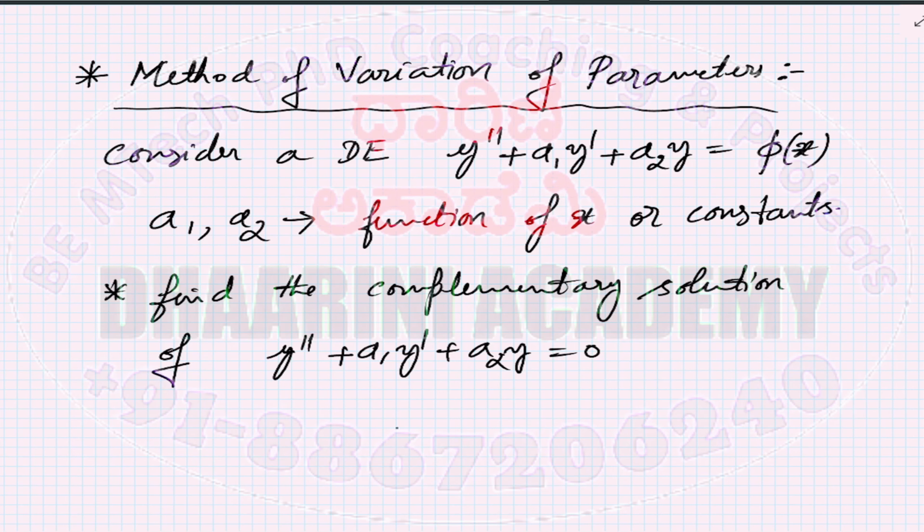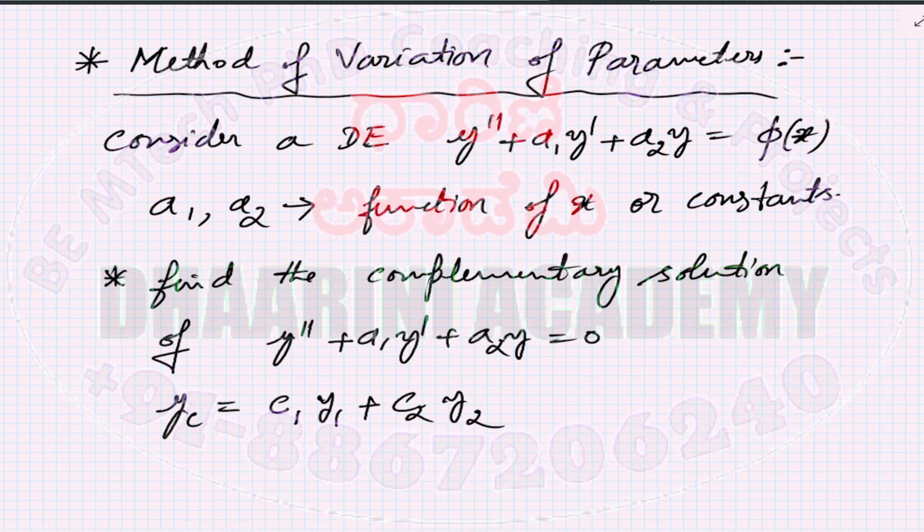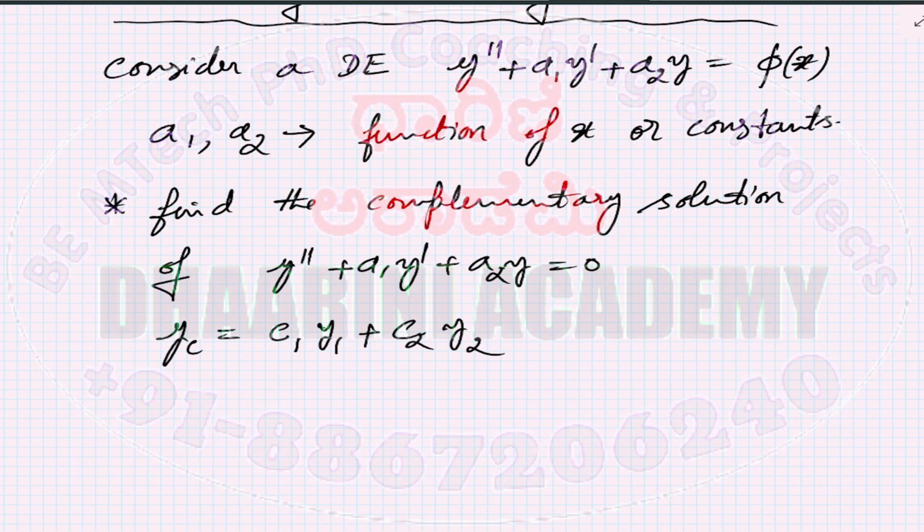So we are going to get it in the following fashion, that is yc is equal to a constant c1 into y1 plus c2 into y2. Here c1 and c2 are constants, and y1 and y2 are functions of x.